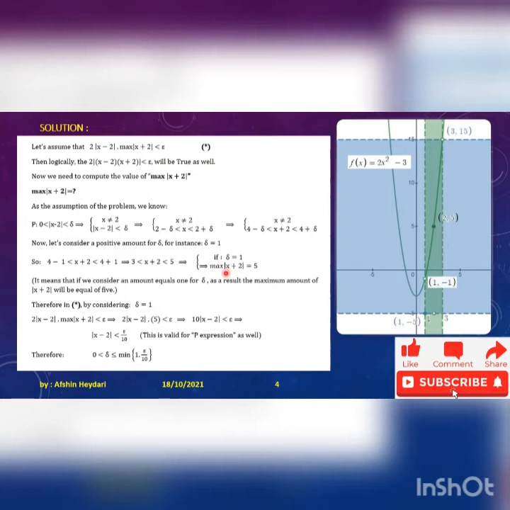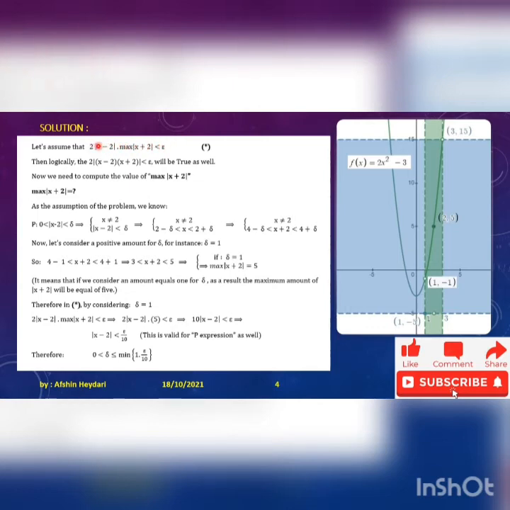So the maximum value of the absolute value of x plus 2 is 5. It means that if we consider 1 for delta, the maximum amount of the absolute value of x plus 2 will be equal to 5. Therefore, star.